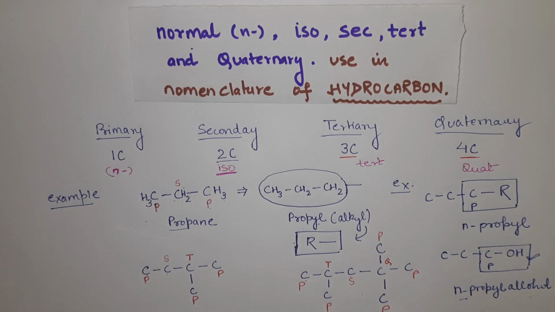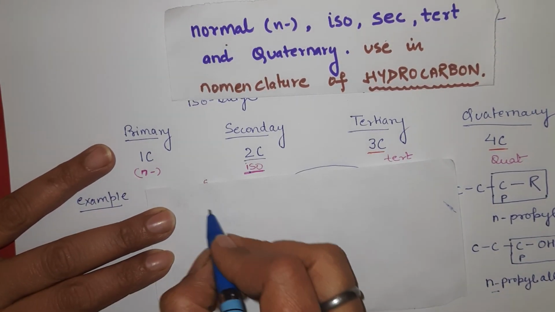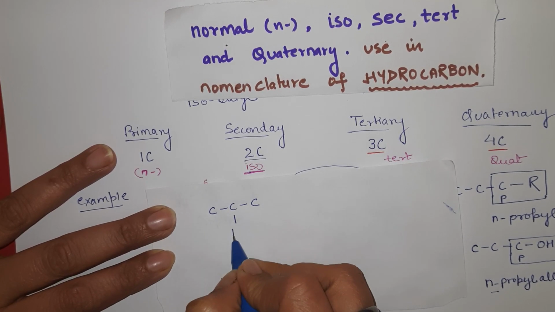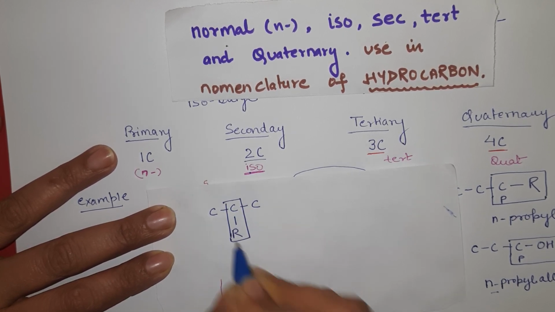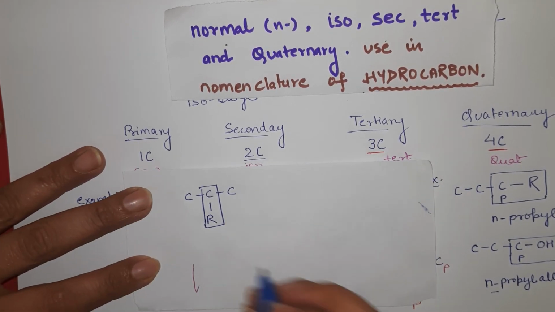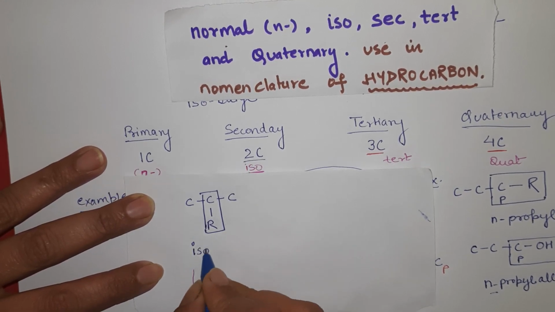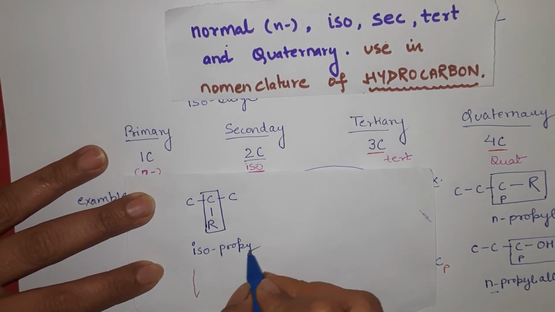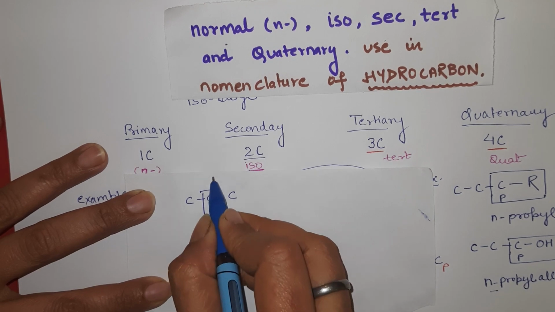All right, let's have another example. If we have a chain of 3 carbon, an alkyl group attached to the secondary carbon, so the name of this group will be isopropyl. Okay, because this carbon is what?